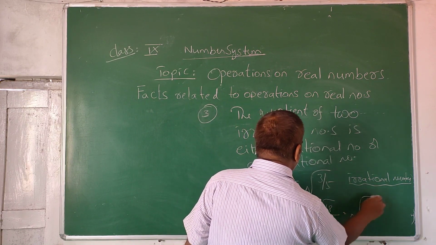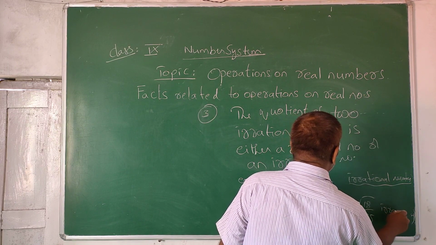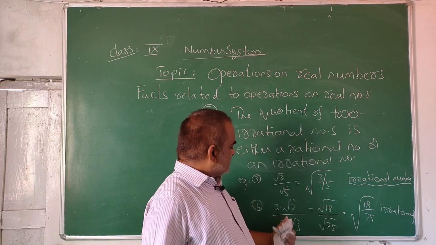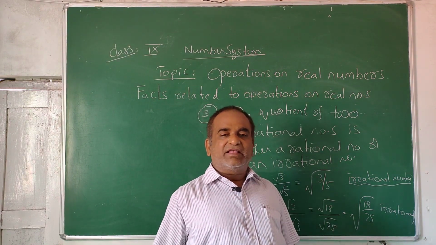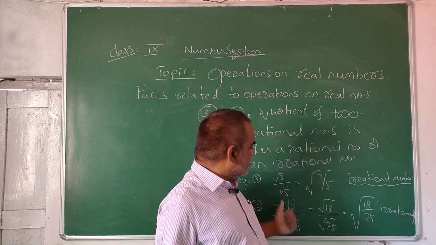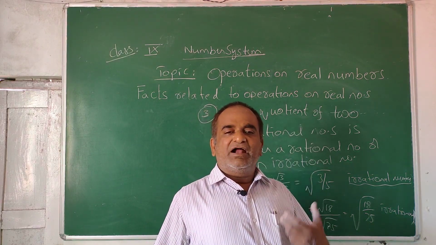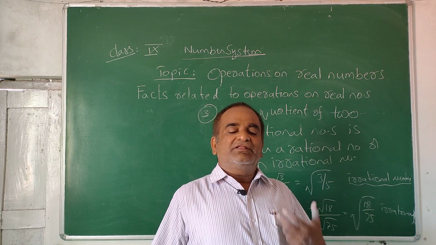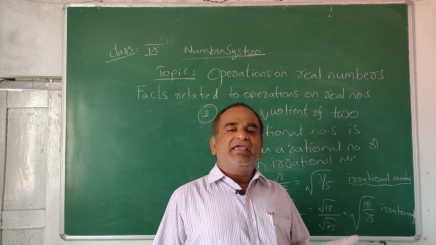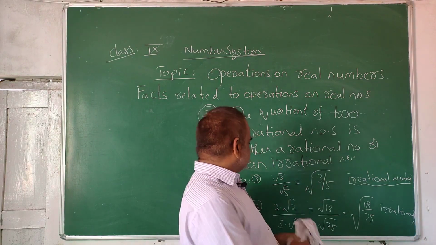So it is equal to root over 18 by 75. It is an irrational number. So, in the previous two examples, the quotient is a rational number. In the present two examples, the quotient is an irrational number. So, what did you observe? The quotient of two irrational numbers may be a rational number or an irrational number.